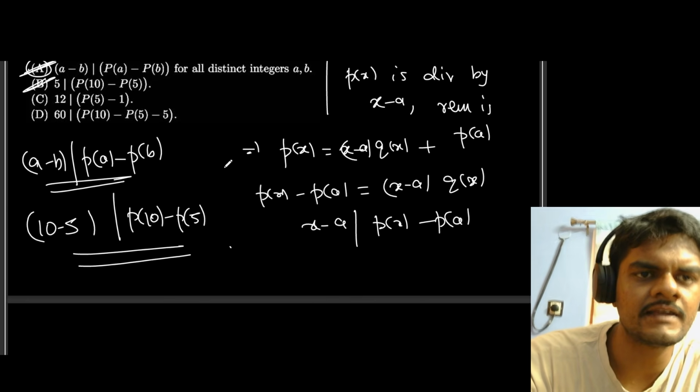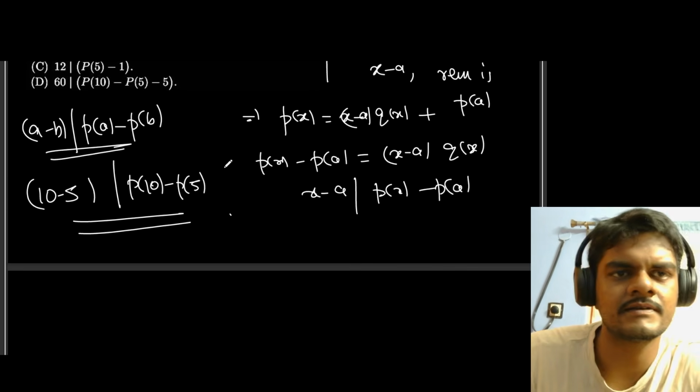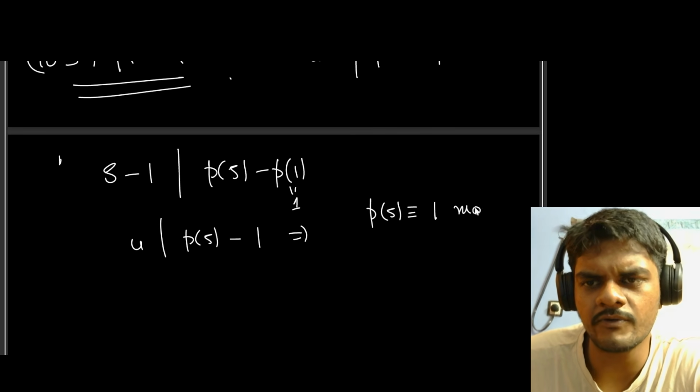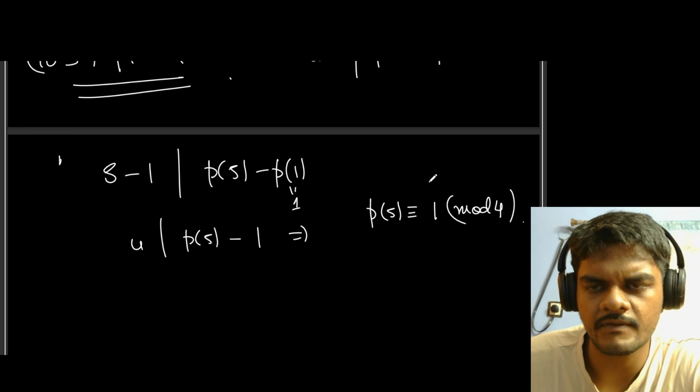Can we say anything about this thing, 12? So okay, 5 minus 1 should divide p of 5 minus p of 1, p of 1 being 1. So 4 will divide p of 5 minus 1. That will imply p of 5 is congruent to 1 mod 4, right?